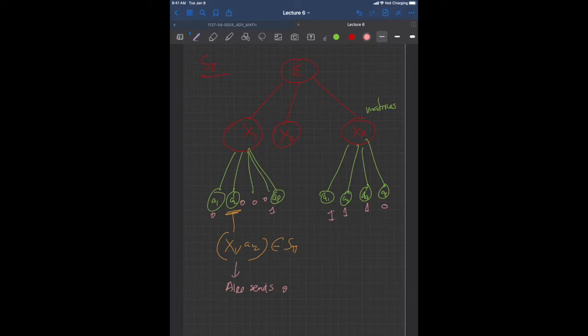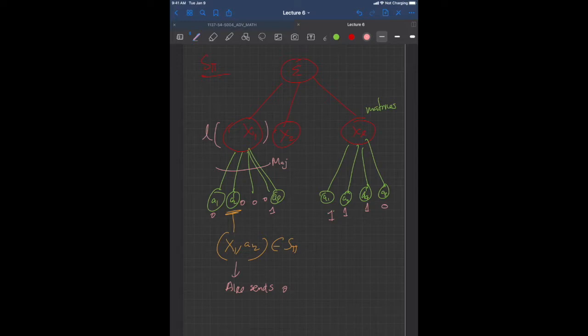Now we want to propagate this labeling onto the matrix part on the next level. So what are we going to do? We label the matrix as follows: the label of this matrix is going to be the majority label that you see on its children.